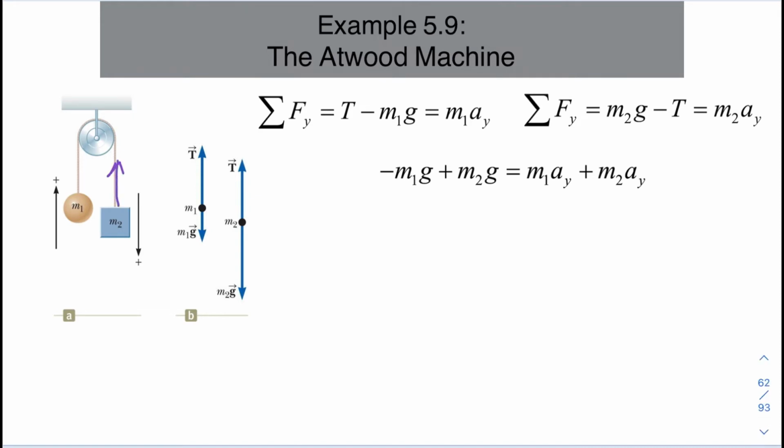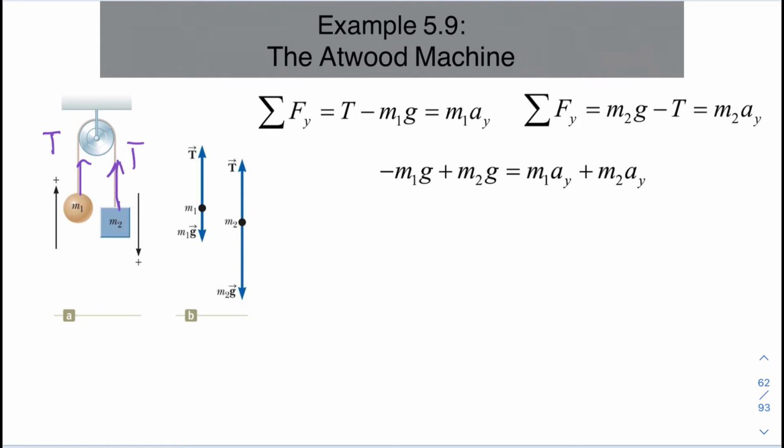So the tension is here. This is the T experienced by the second object. This is the T experienced by the first object. The T is the same in terms of magnitude. So this is for M1, and this is for M2.